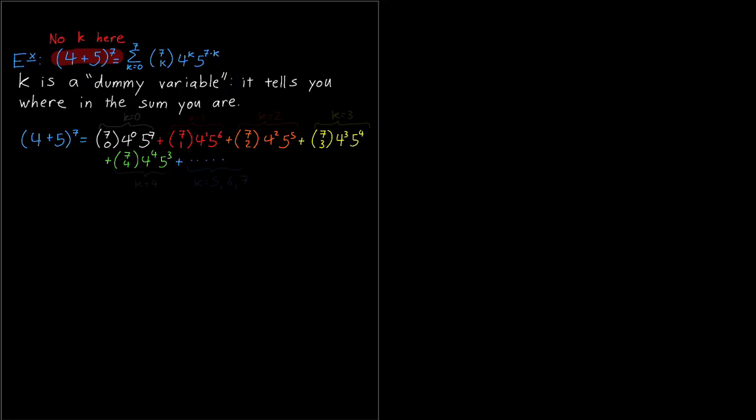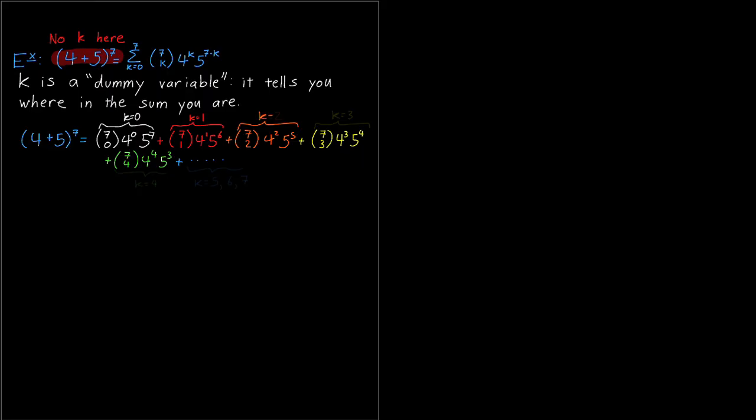And I think I'll stop there. I'm getting bored. But my point is, this is the k equals 0 piece. The k equals 1 piece. The k equals 2 piece, and so on.